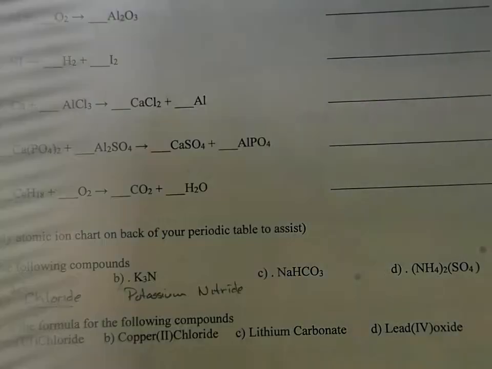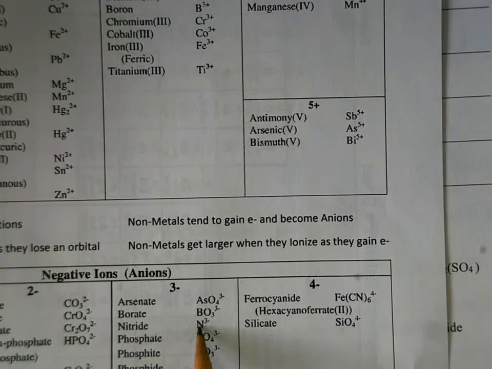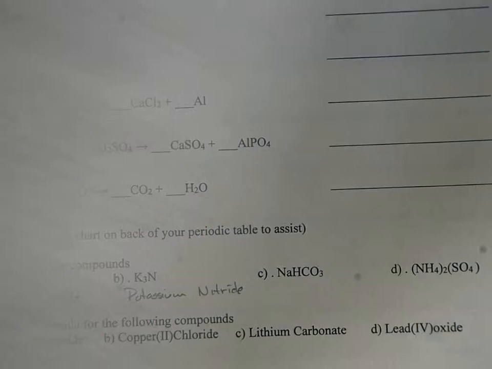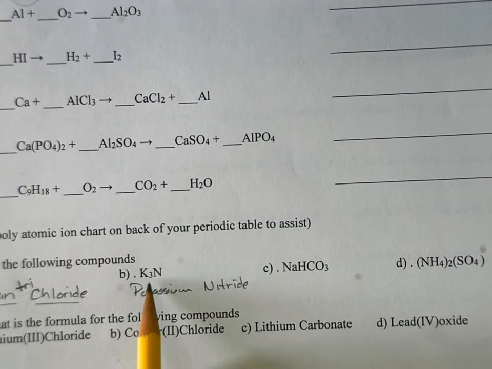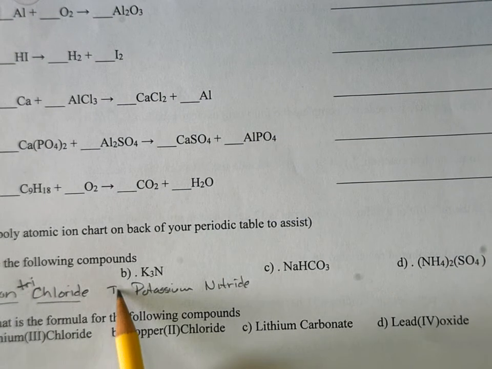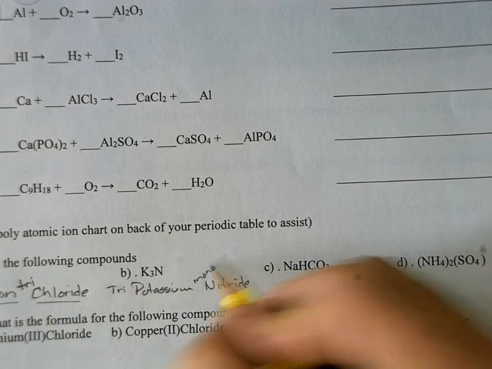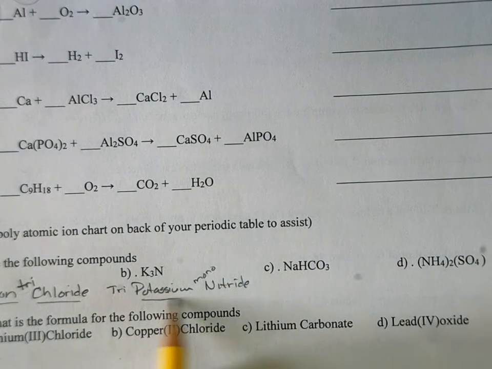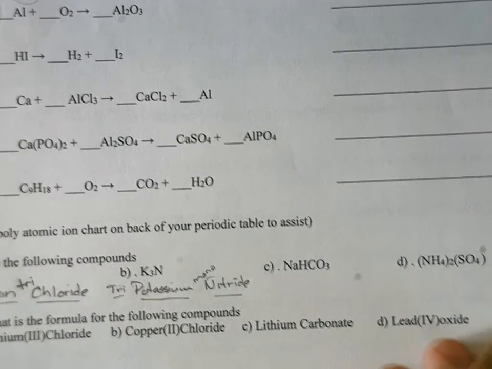I don't know if our polyatomic ion chart is going to have nitro. Oh, it does. I look at there. N nitride. So it's on the chart to look at. Now, like I said, if we wanted to be real specific, this could be tripotassium mononitride. Okay, more than likely it'll be potassium nitride, but these are more specific.